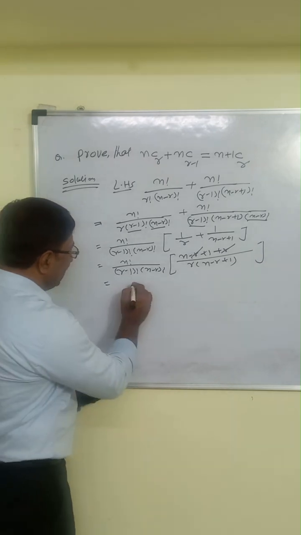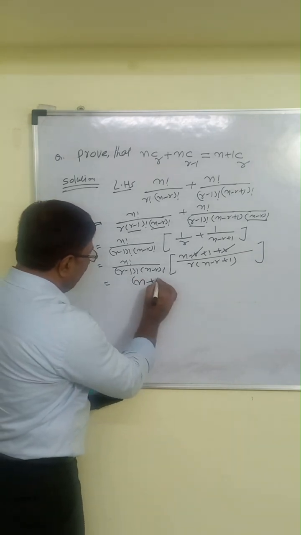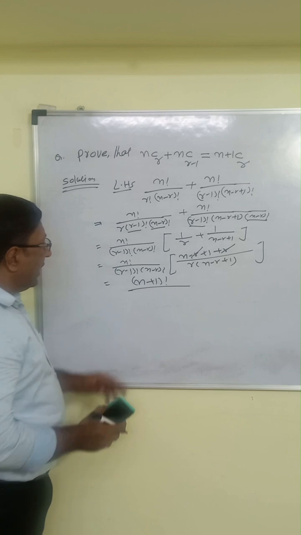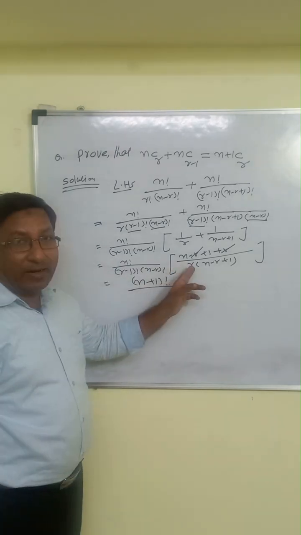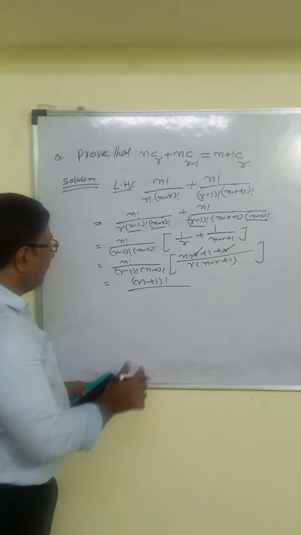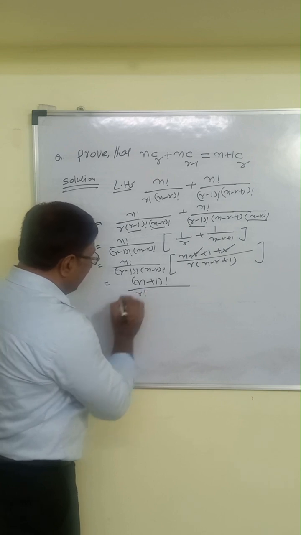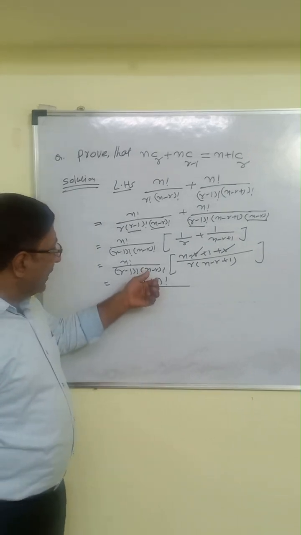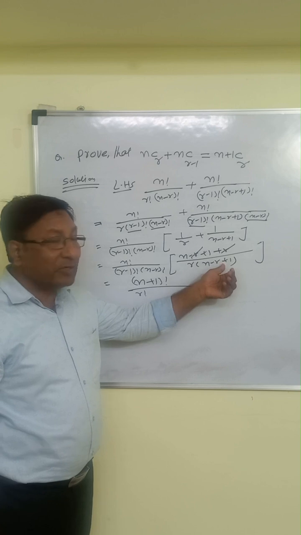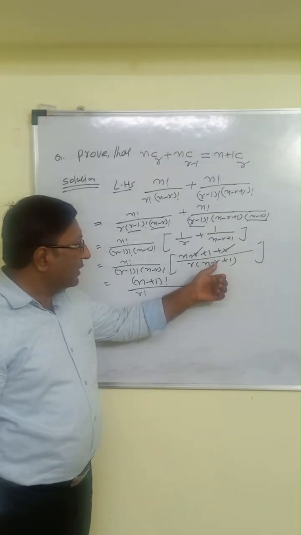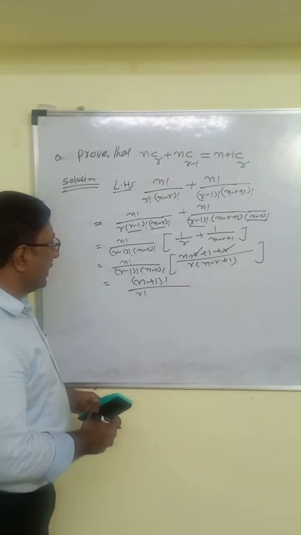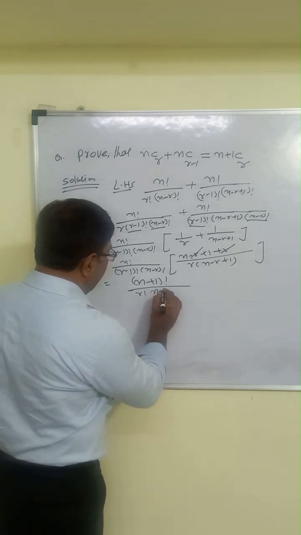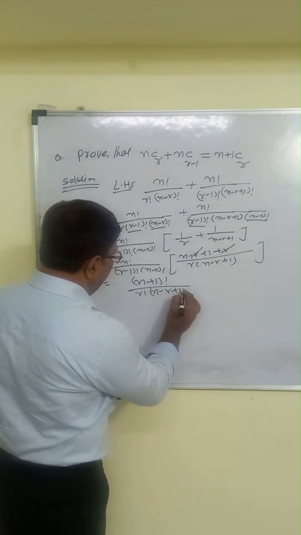We can write this simply as (n plus 1) factorial. Here r into (r minus 1) factorial we can write simply as r factorial, and (n minus r plus 1) into (n minus r) factorial we can write as (n minus r plus 1) factorial.